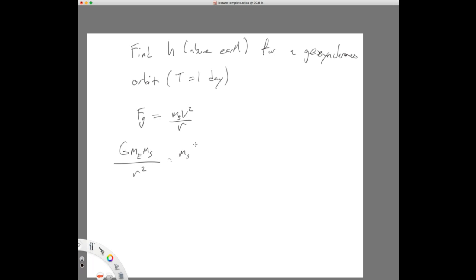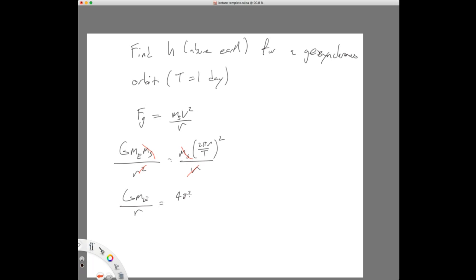And remember that the velocity v is 2 pi r over the period. We have to square that. So we can cancel out some things. The m of the satellite cancels. One of these r's cancels. And we're just repeating what we did previously that gave us Kepler's law.